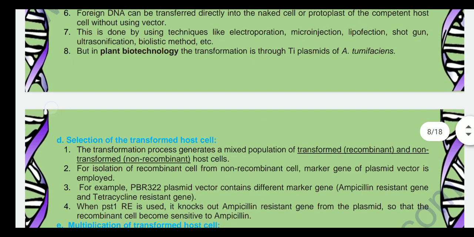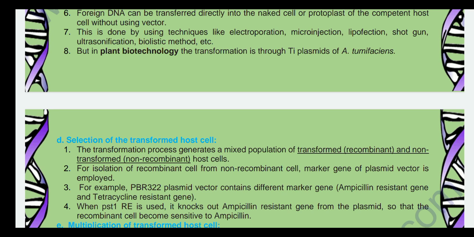Foreign DNA can be transferred directly into a naked cell or protoplast of the competent host cell without using a vector. That means the bacteria can transfer that DNA into a plant cell without any vector as soon as it enters and infects the plant cell. This is done using techniques like electroporation, microinjection, liposuction, shotgun, ultrasonification, and the biolistic method.